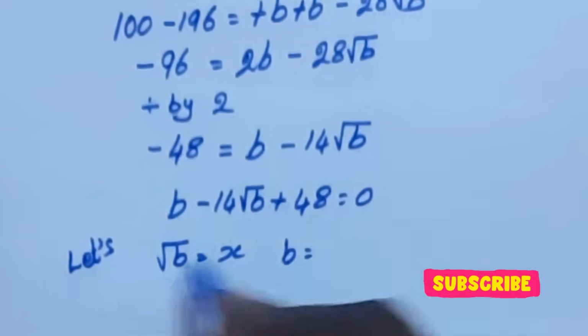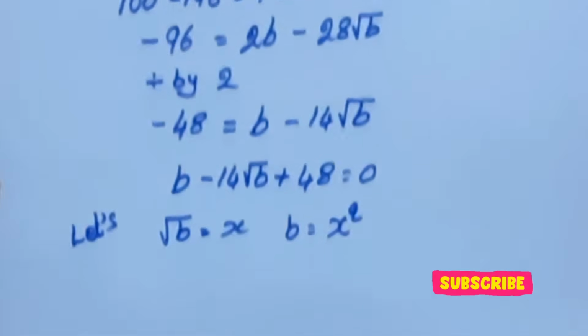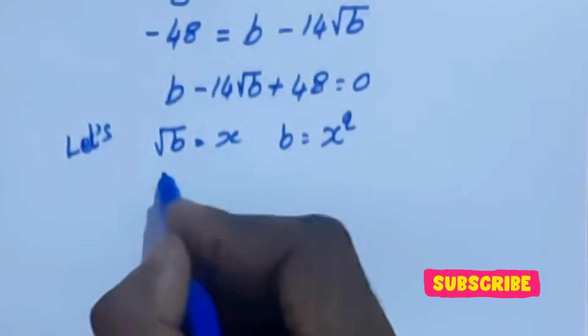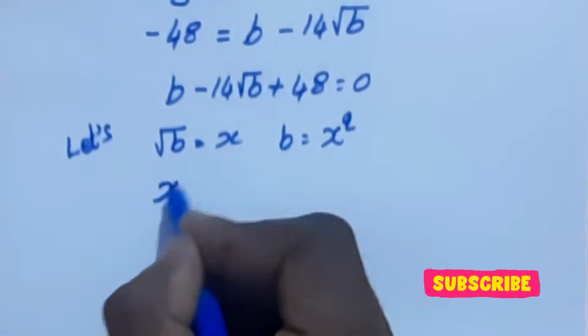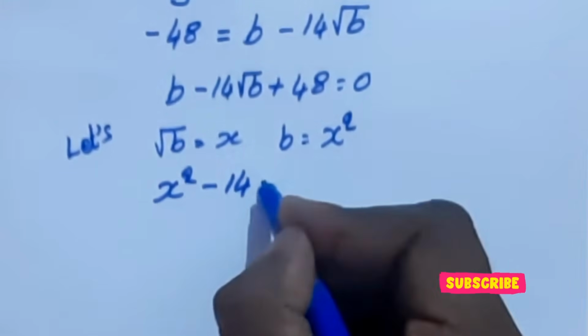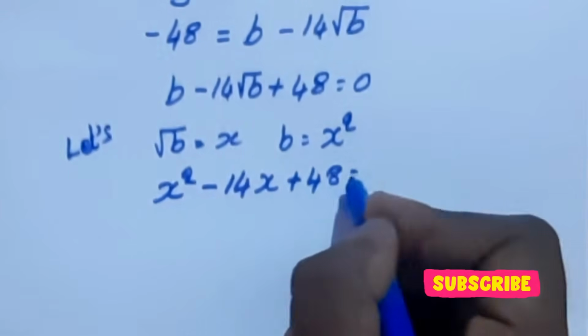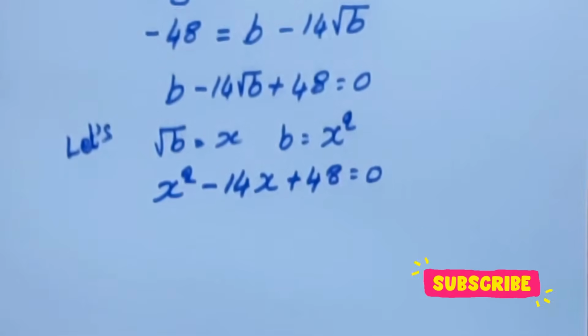So b equal to x square. So applying this here, we'll get x square minus 14x plus 48 equal to 0.